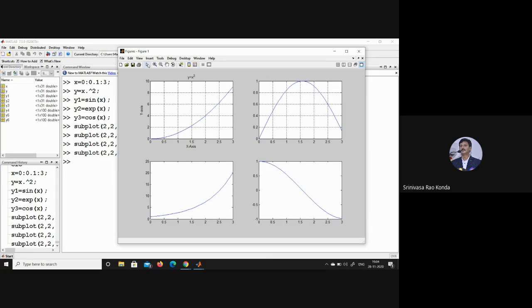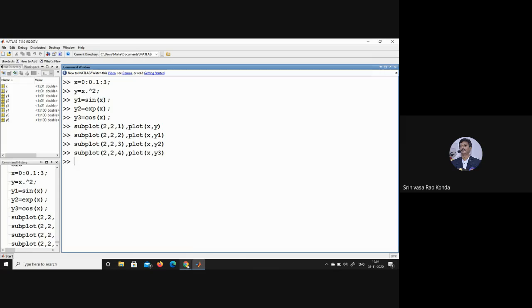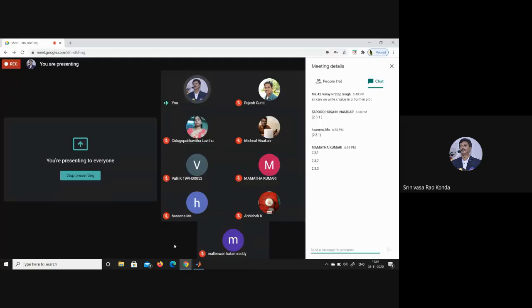Good. Any doubts on this? Any doubts on this subplotting technique? If you have no doubts, I will ask.